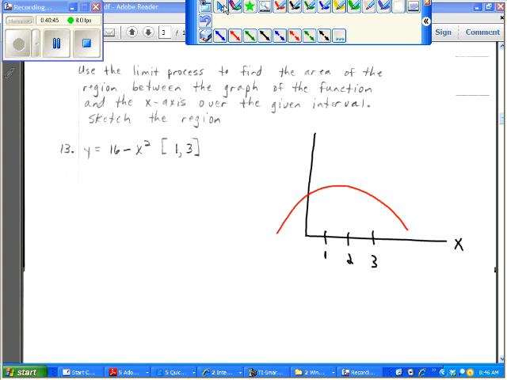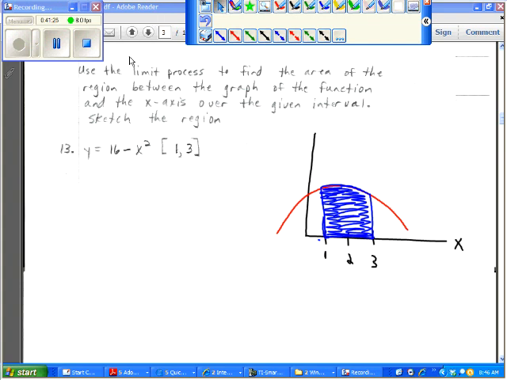And what we want is the area of the region that's bounded by that parabola and the positive x-axis. So we want the area of that. Okay. And we'll find the area of that next time.